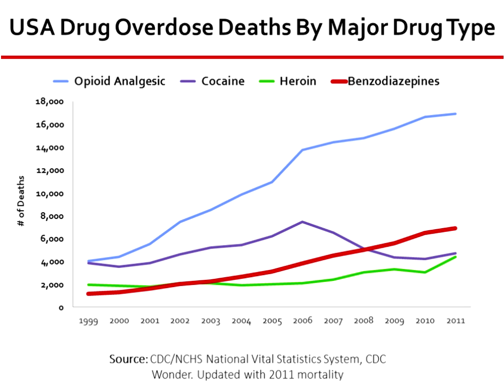And this graph basically shows how these overdoses compare to different drug types. Prescription opioid overdoses account for the vast majority of overdose deaths in the country. There's been a rise in the rates of benzodiazepine-related deaths as well.